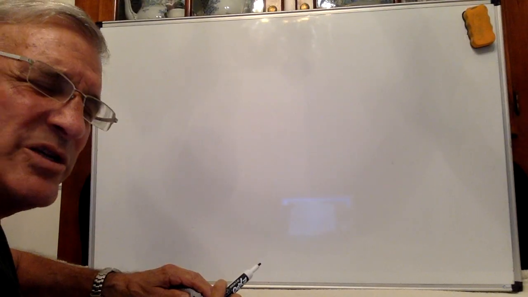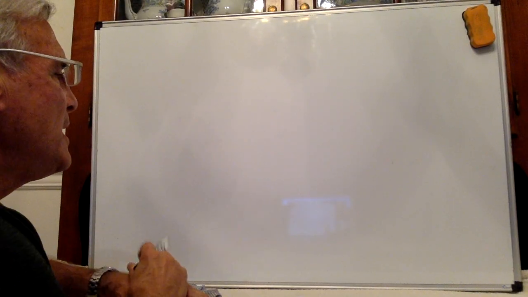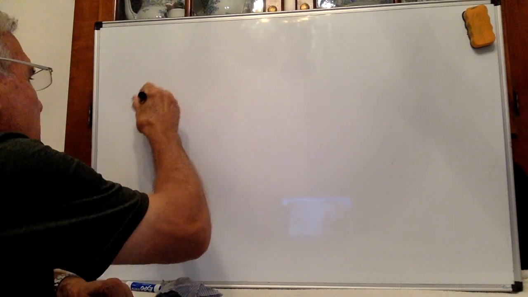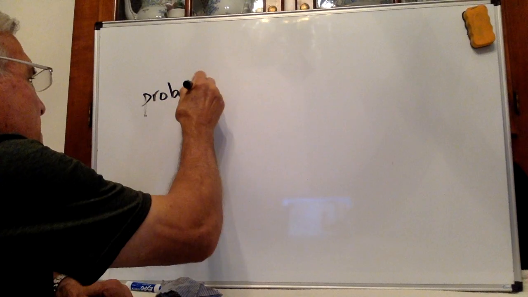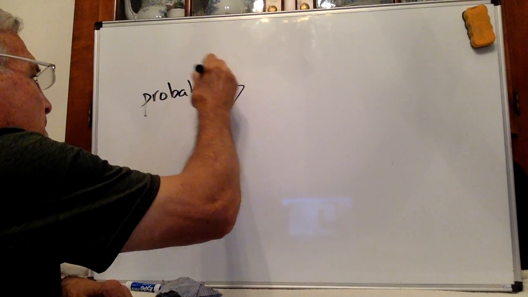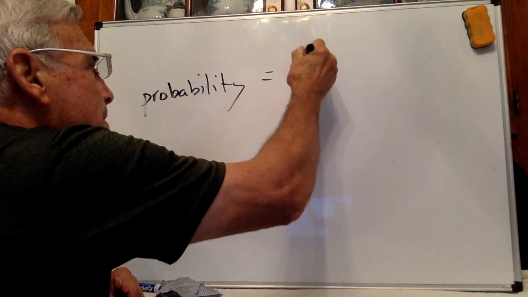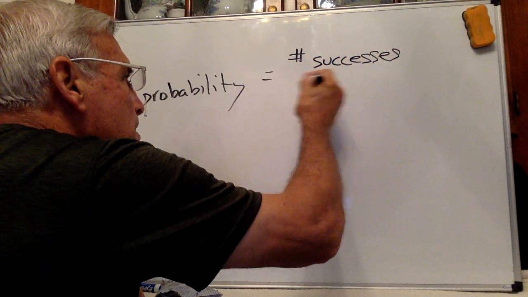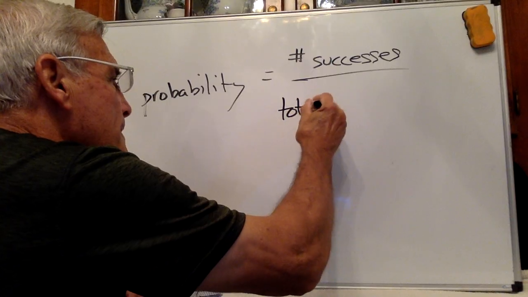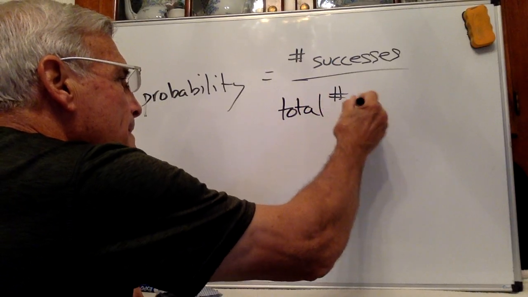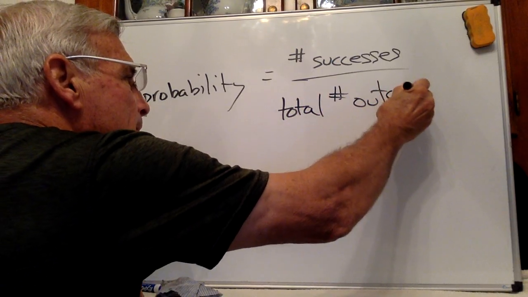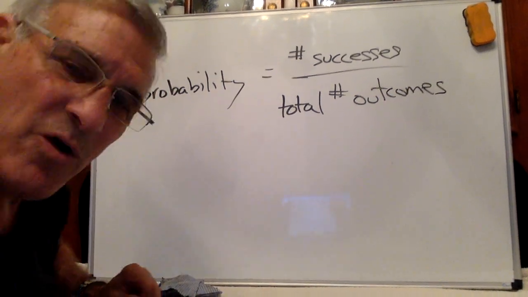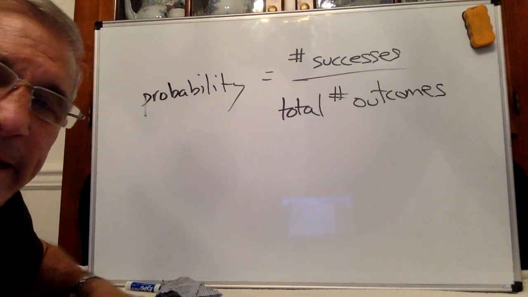We'll get a few questions here and there, but the probability of an event is the number of successes over the total number of outcomes in an experiment.